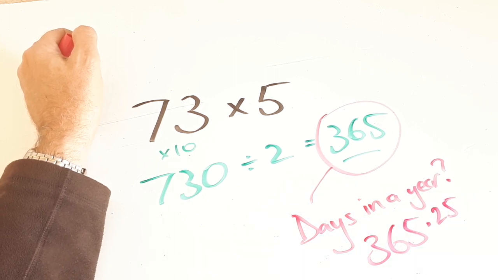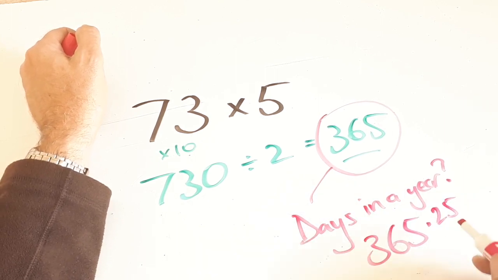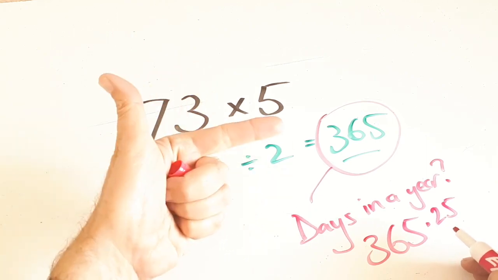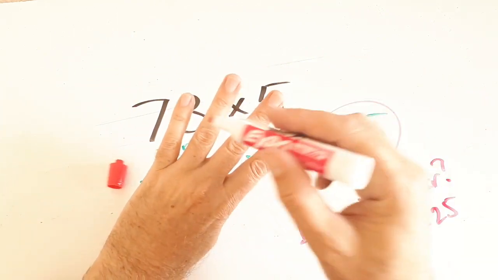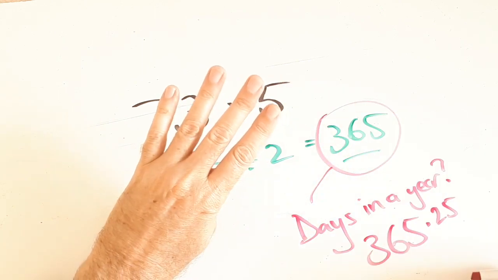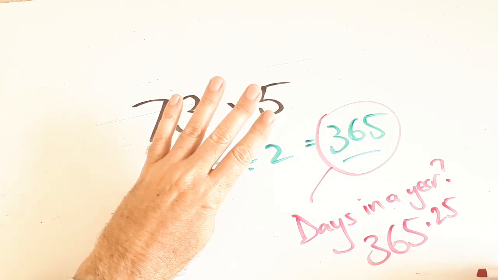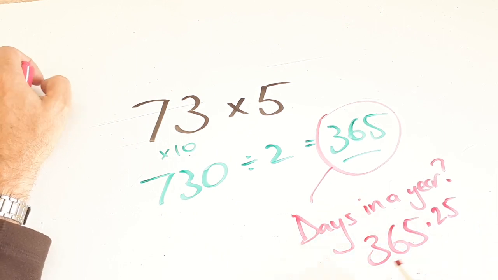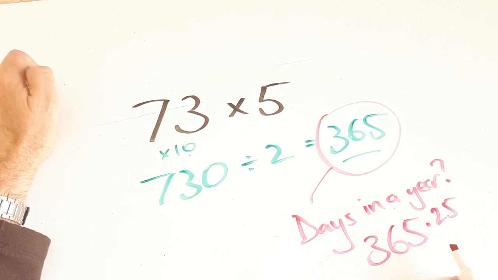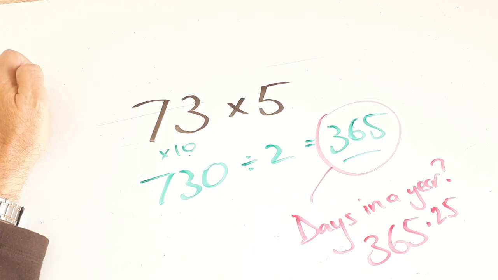That's why every 4 years we have a leap year, because you have a quarter year, and you have to add a day every 4th year to make up for those quarter days that we lost when we only counted 365 days.